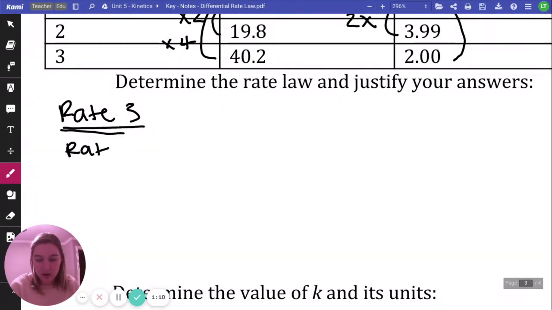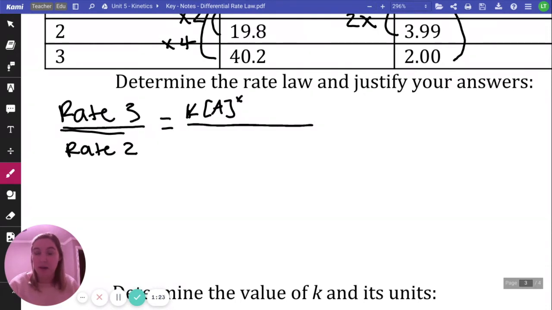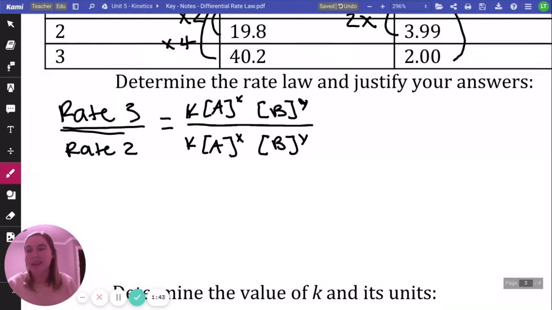I know that in general, rate 3 is going to be equal to my constant k times the concentration of A to some power, I'll call it X, times the concentration of B to some power. That's true for rate 2 as well: rate 2 is equal to k times the concentration of A to some power times the concentration of B to some power. We don't exactly know what those powers are yet, but using this method, we're able to find them.